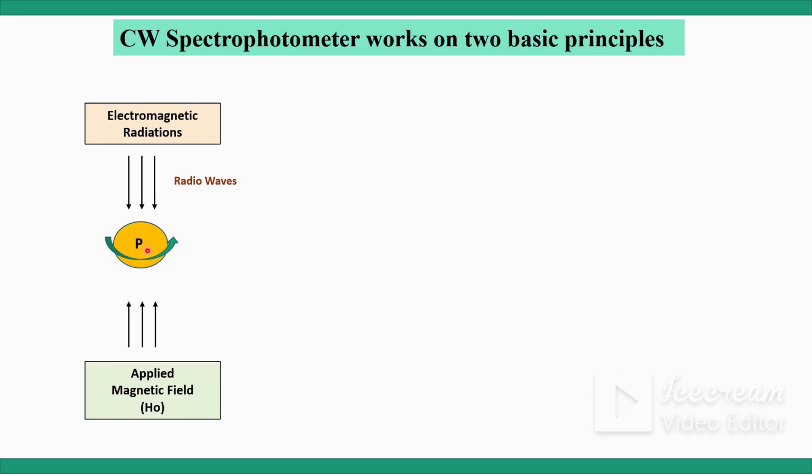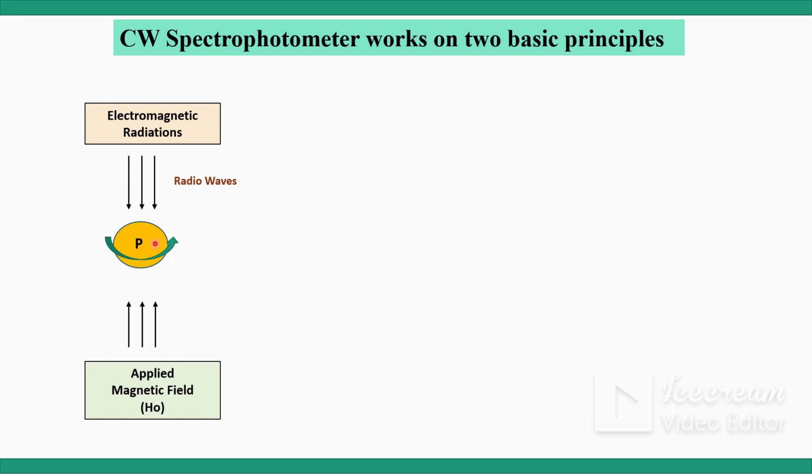A magnetic nucleus, that is a proton, when placed in an applied magnetic field, comes under precessional motion, and when the precessional frequency of that proton becomes equal to the frequency of the irradiated light, it is said to be under resonance.